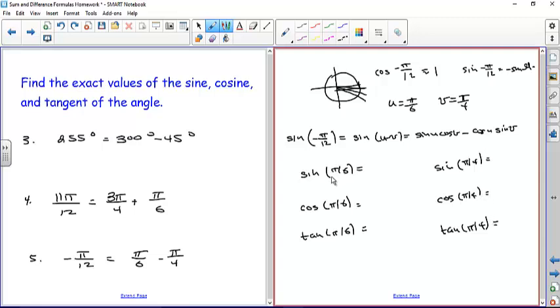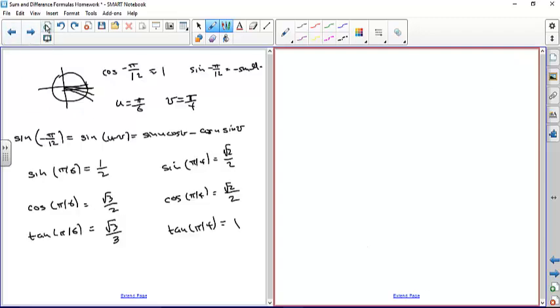So the sine of pi over 6 is a half. The cosine is the square root of 3 over 2. The tangent is square root of 3 over 3. The sine of pi over 4 is the square root of 2 over 2. The cosine is the square root of 2 over 2. The tangent is 1. So that's all we need.